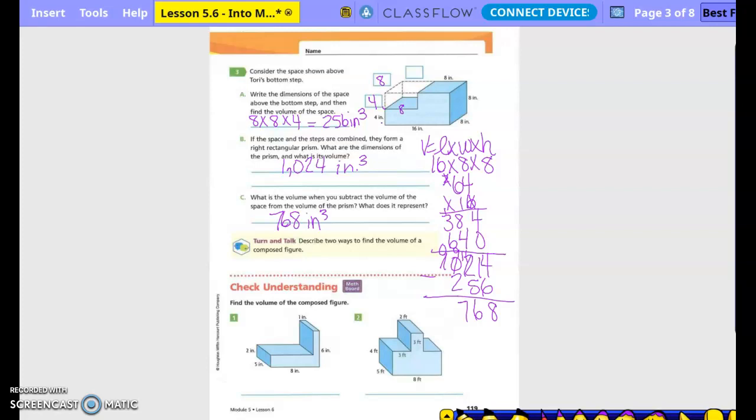Okay, let's look at check understanding. Find the volume of the composed figure. Okay, so which way should I break that apart? Should I break it apart going this way? Yeah. Okay, so what's my formula?